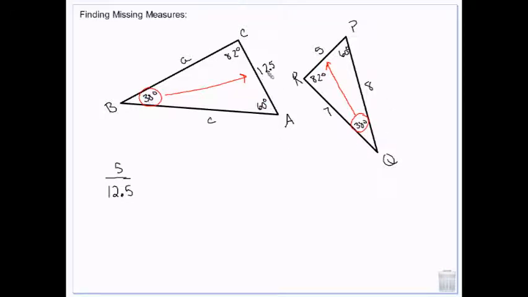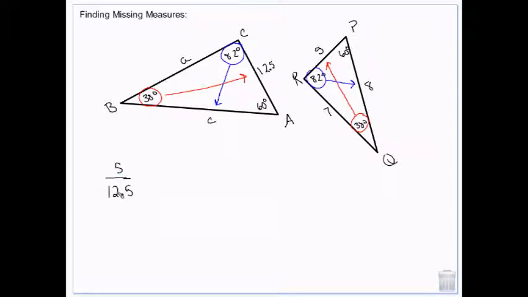Okay, so do you see how that works? The ones across from the 38 go together. And then 82, 82. Wait, is it 38? Yeah, it's 38 and 60. 8 goes with C. Now what you want to do, I did small over large, right?